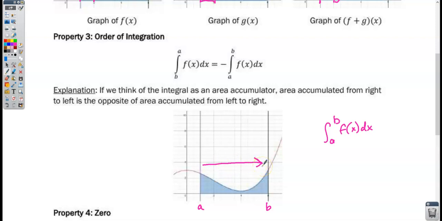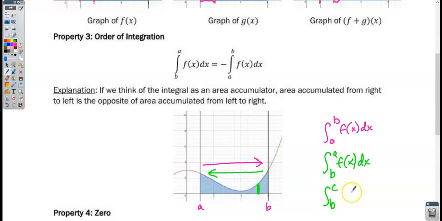Well, when we take the integral from b to a, it's accumulating the area backwards. And so imagine that we stop here somewhere shy of b, like say right here, and let's call it c.